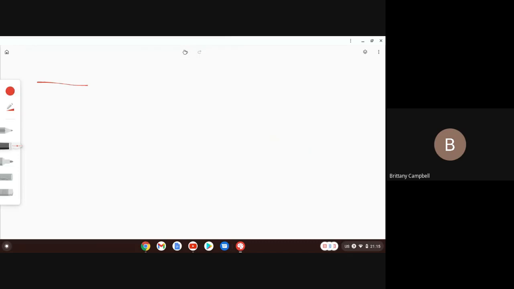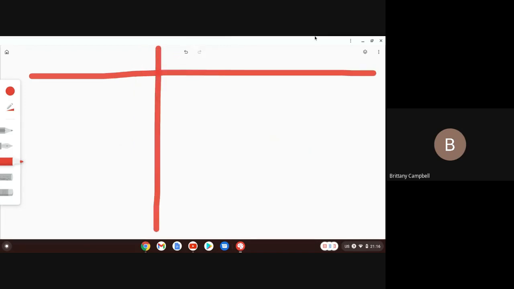So what do we know when we talk about prefixes? What is it we know about it? What do we want to know? So think about it. So this is our chart, yes? KWL.